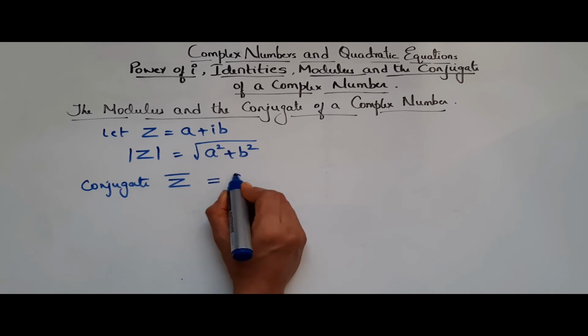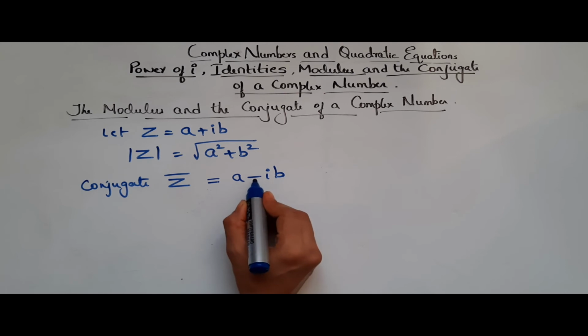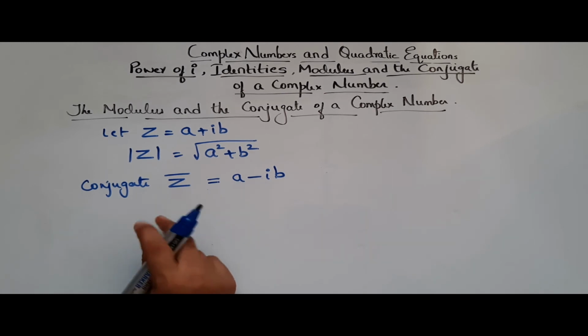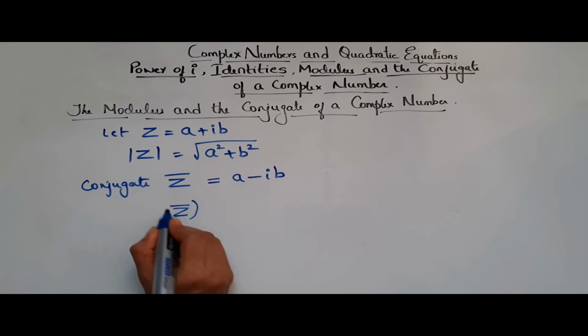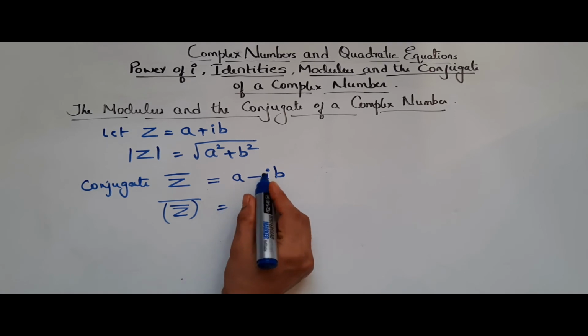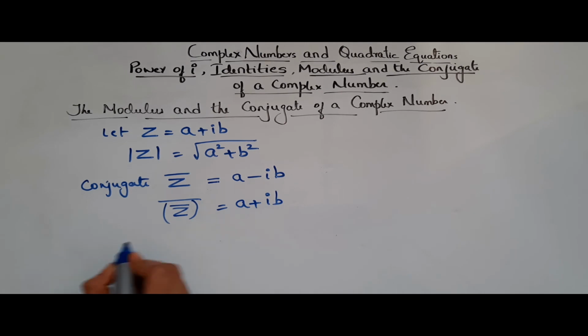So z bar is a - ib. Now if I ask what is the conjugate of z bar? You have to change the sign of this, so a + ib.